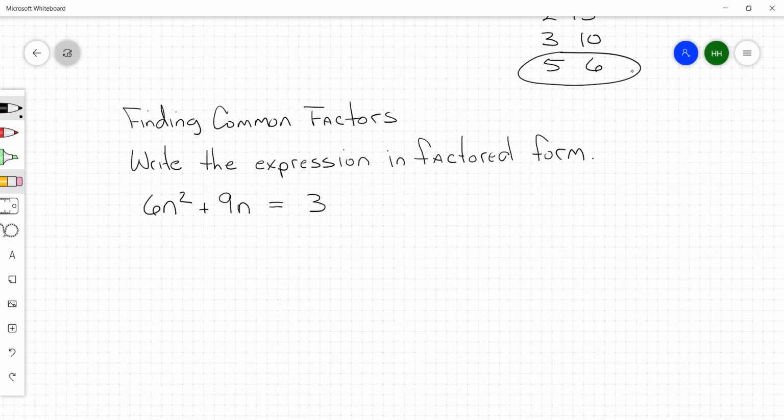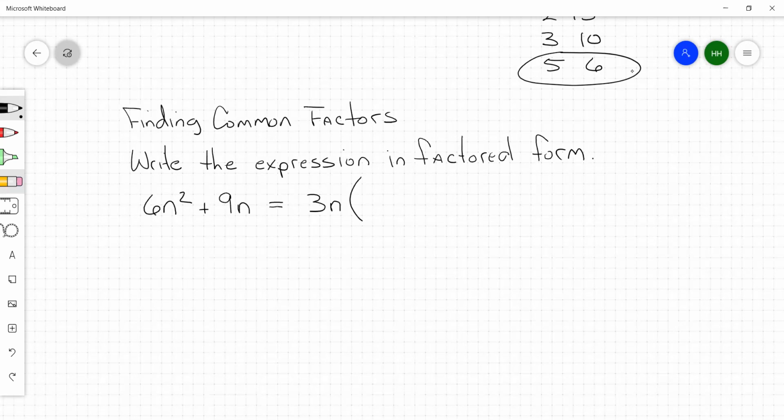And then we're looking for the largest n that'll go into n squared and n evenly. And that is just an n. So we have factored a 3n out of each of these terms.